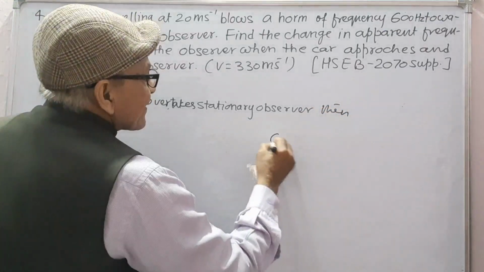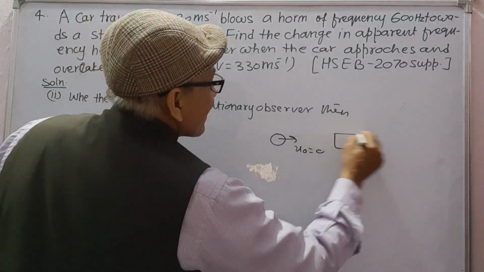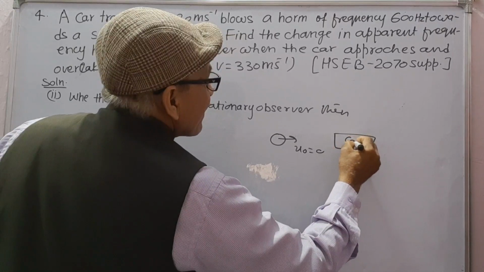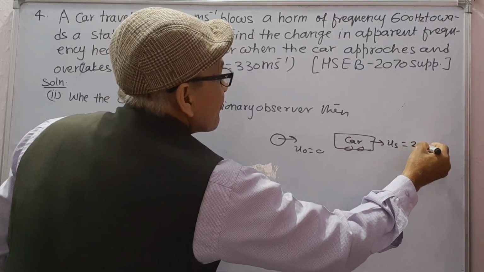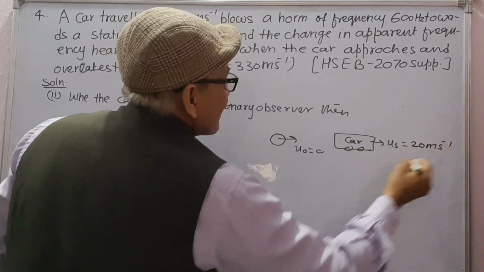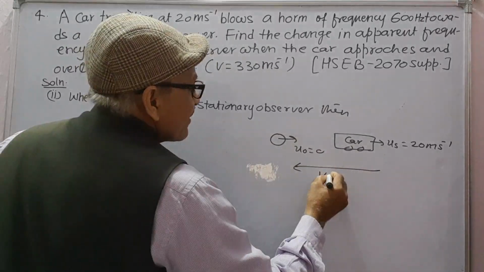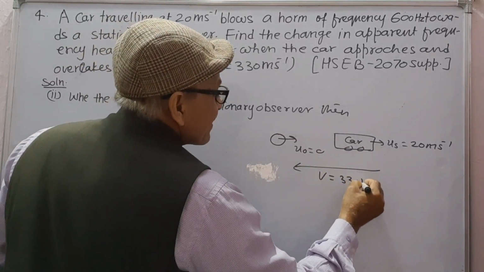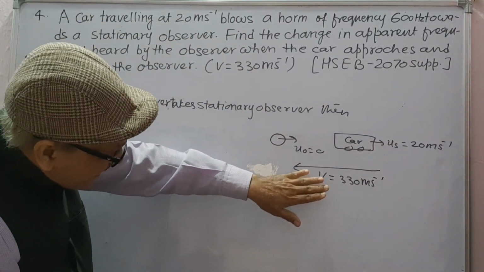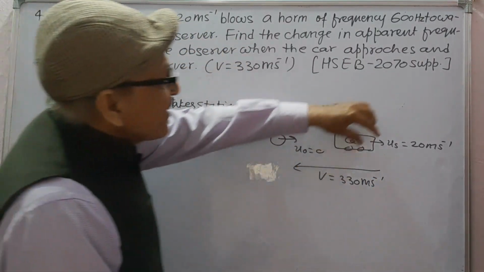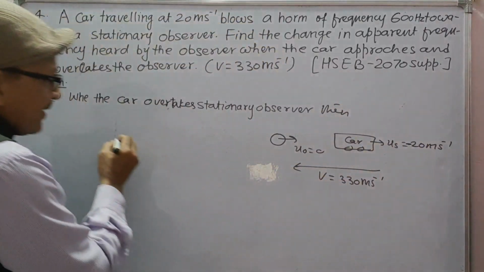This is stationary observer, UO is 0, and this is car moving with velocity US as 20 meters per second. Sound is coming towards this side, towards observer, V 330 meters per second. With respect to the velocity of sound direction, this is opposite, therefore it must be taken negative.